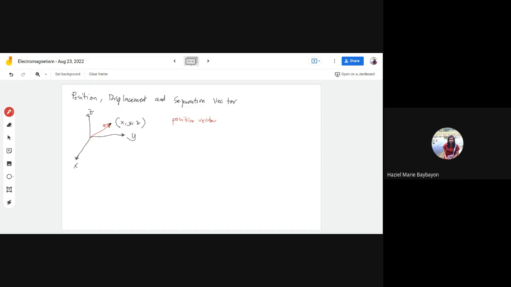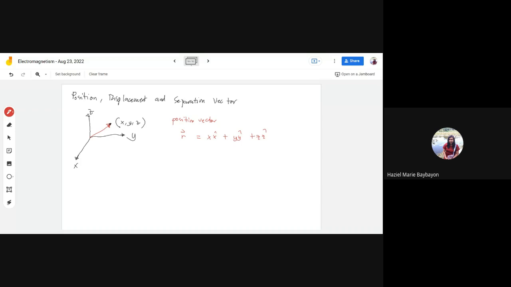Now we let the position vector be equal to r. So this position vector can be written as x x-hat plus y y-hat plus z z-hat, so it has x, y, and z components equal to x, y, and z.